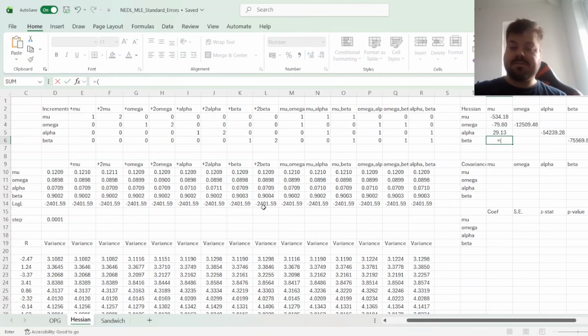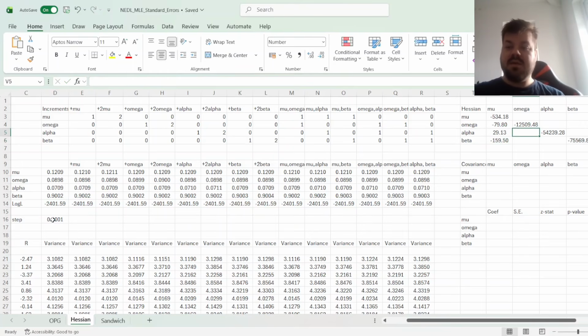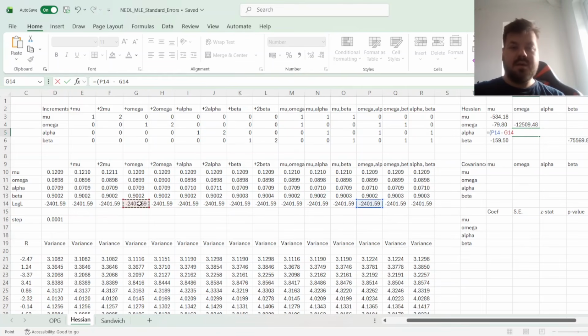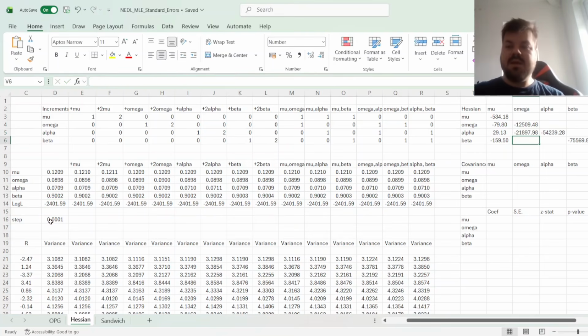For mu and beta, we can input the log likelihood for the estimate where mu and beta both increase once, minus the independent increases of beta and mu and their log likelihood, plus the original log likelihood, divided by step squared. Then for omega and alpha, here, minus the omega, minus the alpha, plus the original log likelihood, divided by step squared.